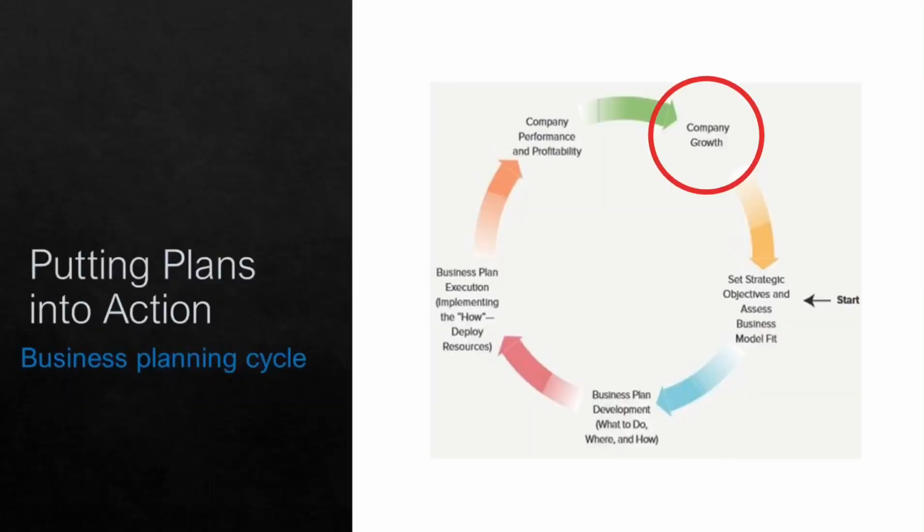Are we growing? Are we growing at the rate that we are aiming at? If yes, we assess more, we continue, and we go into the second cycle of planning. If not, we assess the reasons why we are not growing the way we anticipated, or the way we wanted. What can we do? What went wrong?